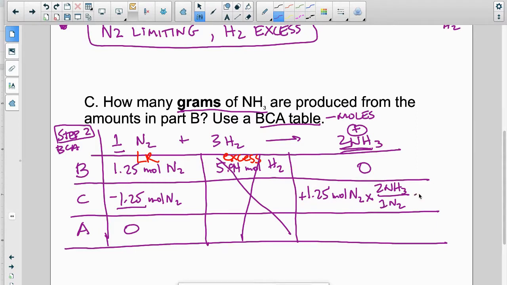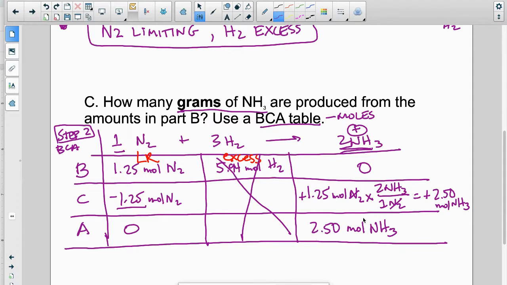You can see that this is equal to plus 1.25 times 2, which is plus 2.5 moles of NH3, right? That canceled out. We have moles of NH3 left. So 0 plus 2.5 is equal to 2.5 moles of NH3.